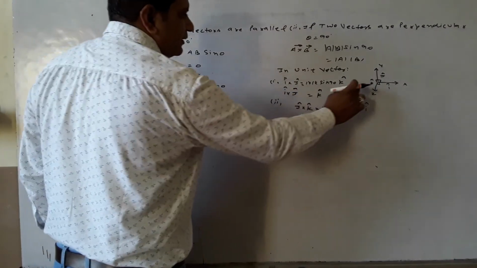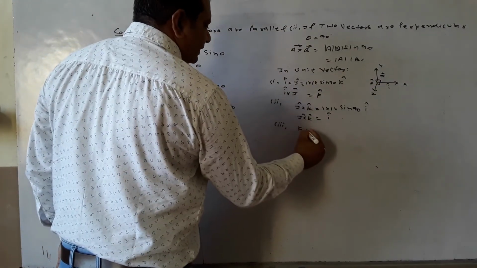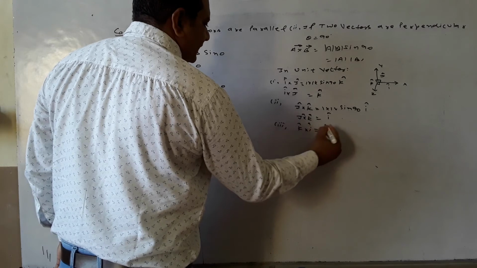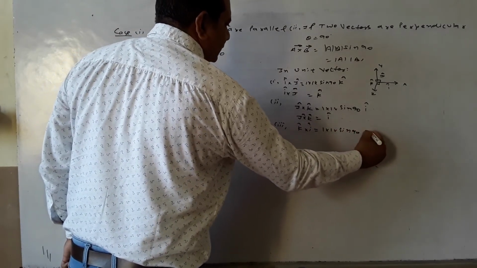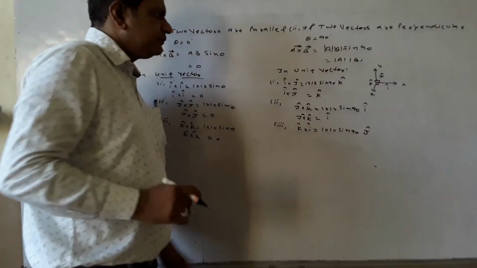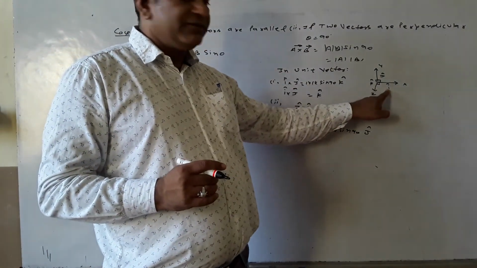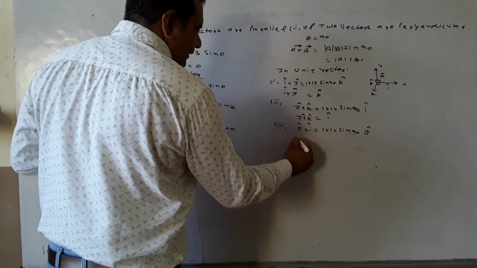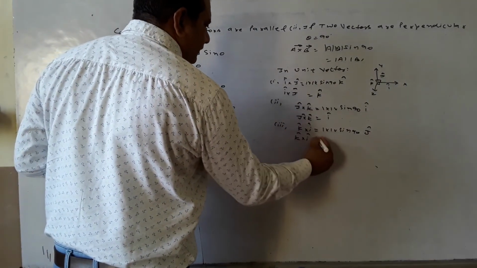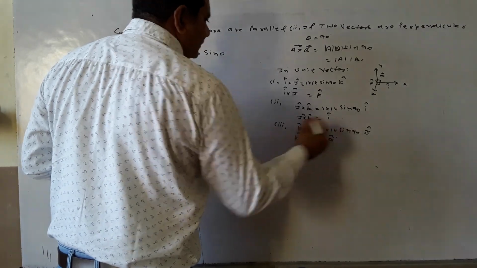Third, k cross I is 1 into 1 sin 90 into j cap. First vector, second vector, the resultant will be along the third vector. So k cross I is equal to j cap.